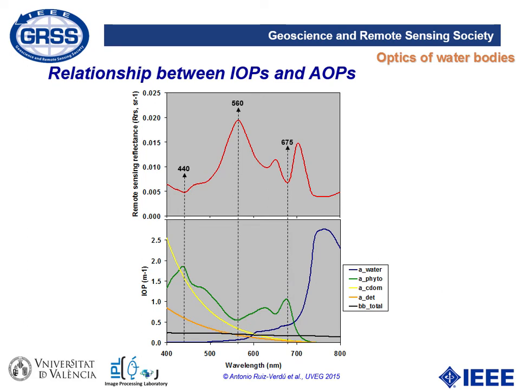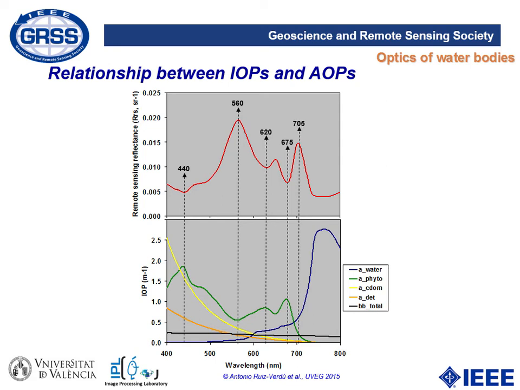The other maximum absorption of chlorophyll at 675 can be seen as this minimum. And also, for example, in this case, we can see the absorption of phycocyanin, which is another photosynthetic pigment characteristic of cyanobacteria, a very important group of phytoplankton.